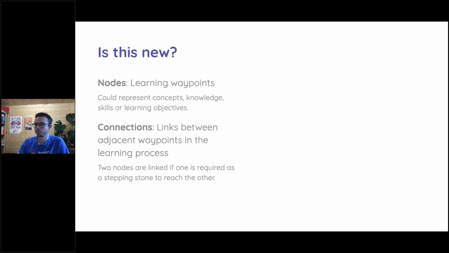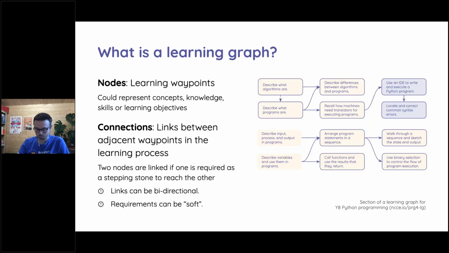This is the reason why links can be bidirectional, because sometimes you can teach in one order, but the reverse order might also make sense. We've also found that it's useful to characterize some of the links as soft, which means that it is beneficial if learners are acquainted with some concepts before the ones that come after them, but it's not necessary, and we denote them using dashed arrows.